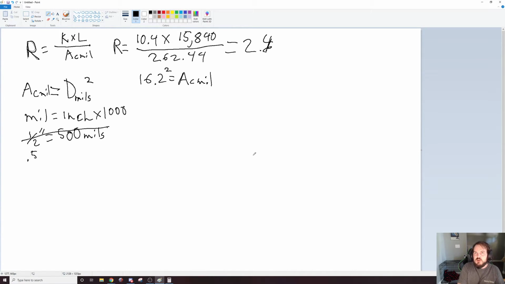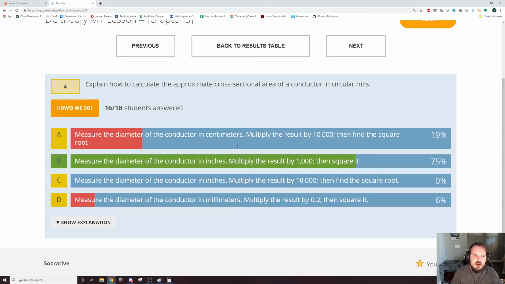They have a copy of it on page 73 in your DC theory book. And on that page, it will give you approximate diameters of the different wire sizes and all sorts of information about the different wires. Okay, next question.